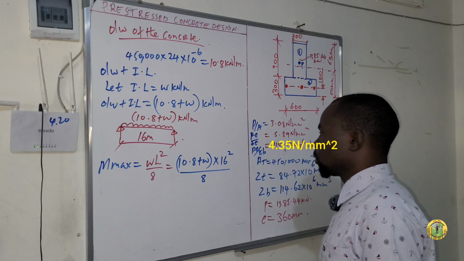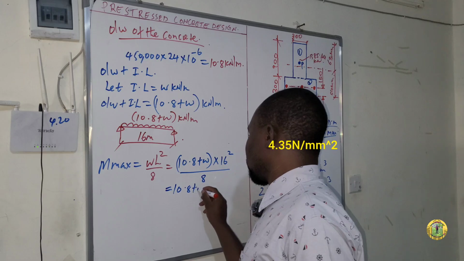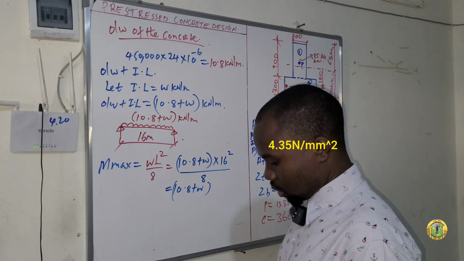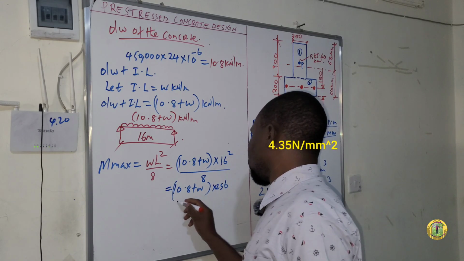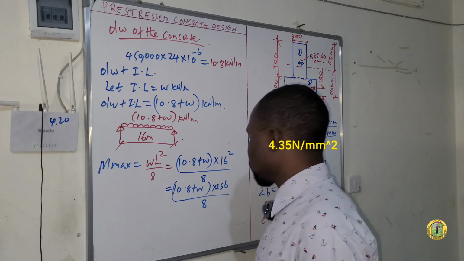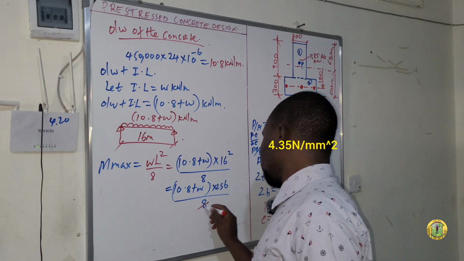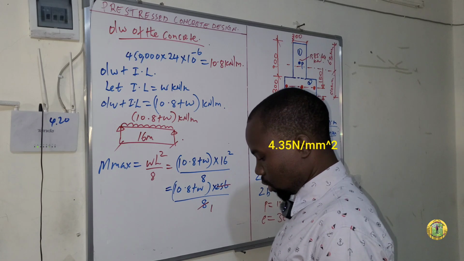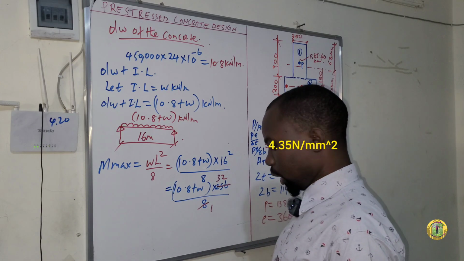So this one is equal to 10.8 plus W times 256 all over 8. Then 8 into 256, it will go 32 times.